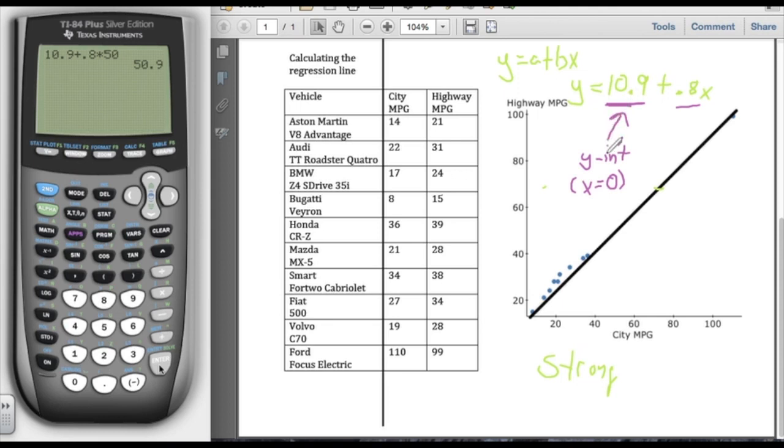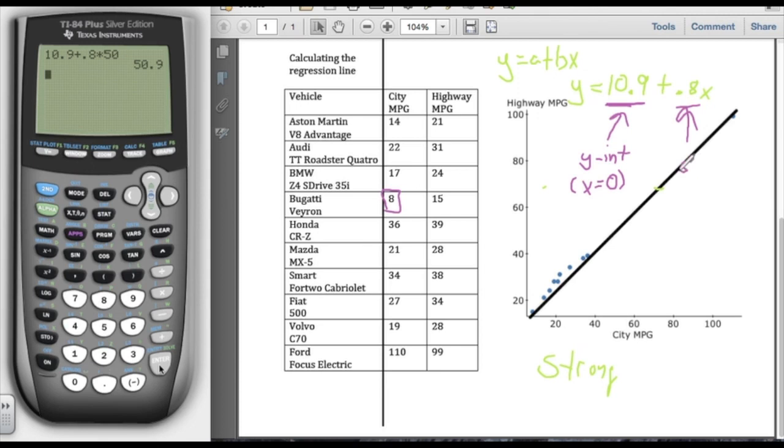Now that doesn't really make sense. If you're getting 0 miles per gallon in the city, that means your car's probably not running. You probably get 0 miles per gallon on the highway. This prediction is off because it's an extrapolation. We don't see a car anywhere close to 0 miles per gallon. The lowest we see is 8 with the Bugatti. So this is probably off. But that's what it means.